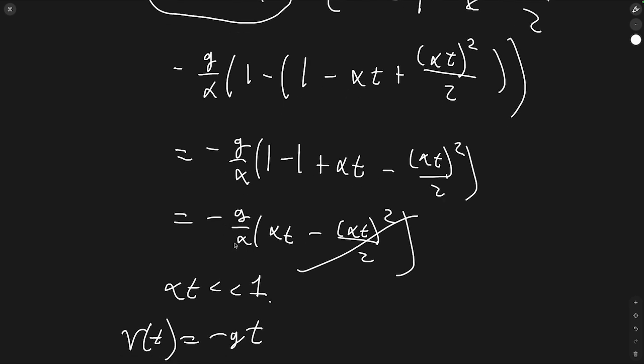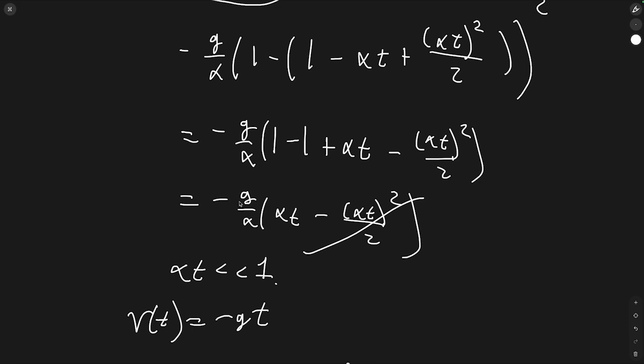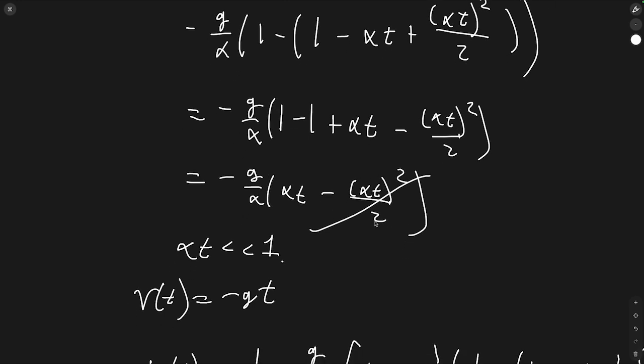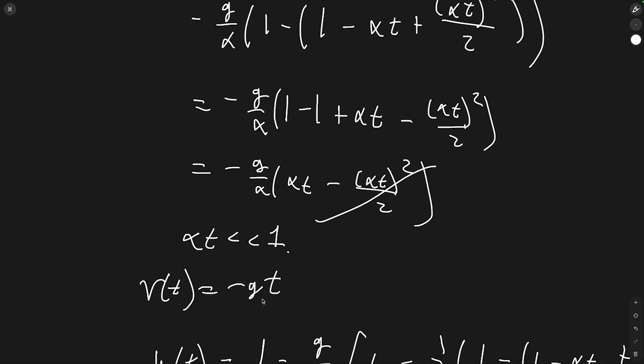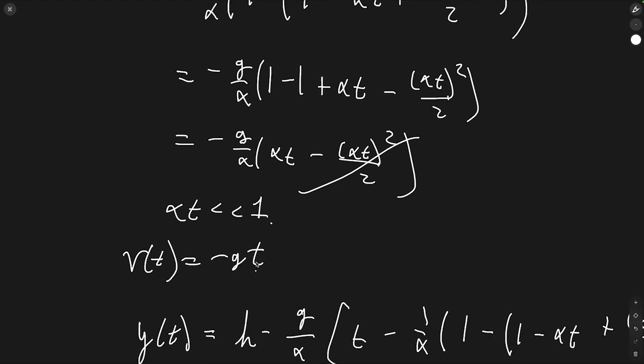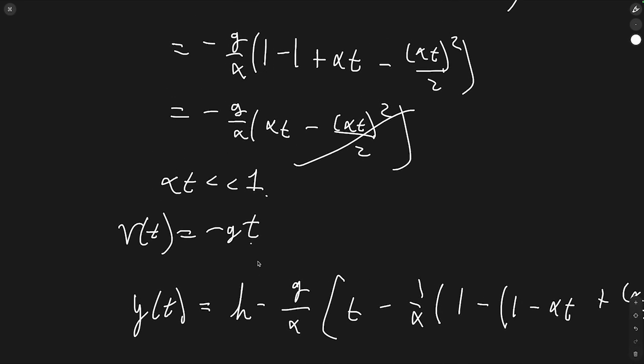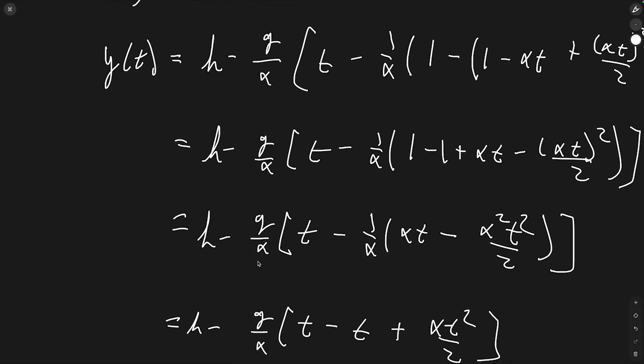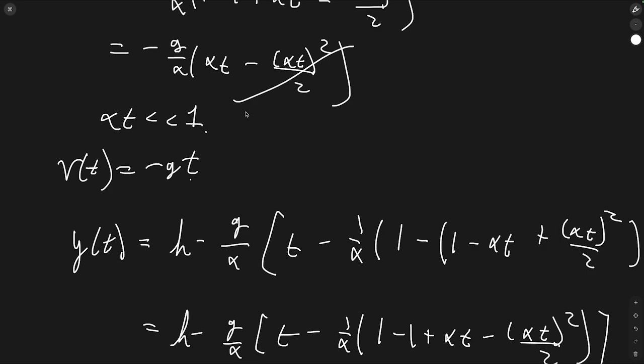We see, okay, I could include alpha t squared over 2, and if I did, I'd get minus gt plus g alpha t squared over 2, but I don't know what that term is all about. But I noticed that if I get rid of it, I have minus gt, and I know about minus gt, right? So that's the idea, you try a few and see what happens.